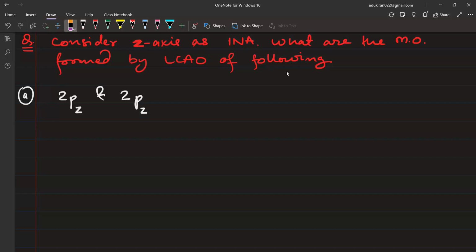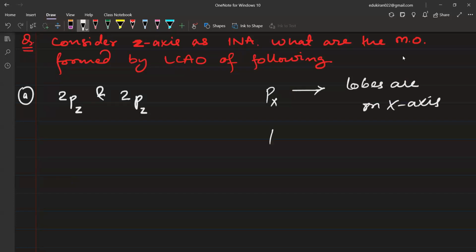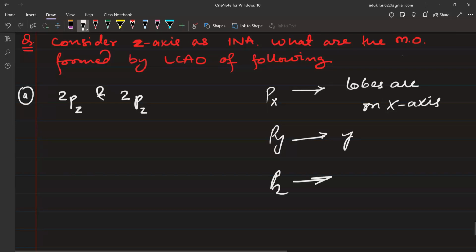Y axis. y एक्सिस, px में if it is px तो नाम क्यों है इसका px? Because the lobes are on x axis. py में कहां पे होंगे? y एक्सिस में. और pz में कहां होंगे बताइए? यस मरियम? Z. z एक्सिस.